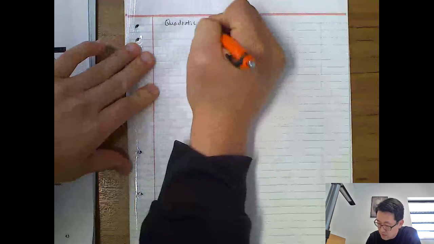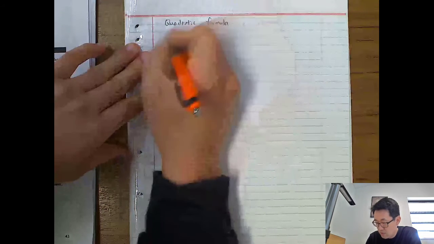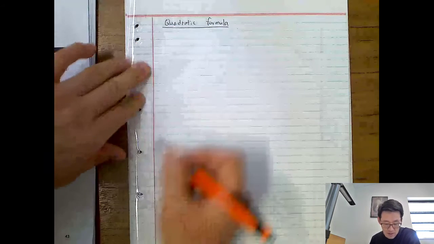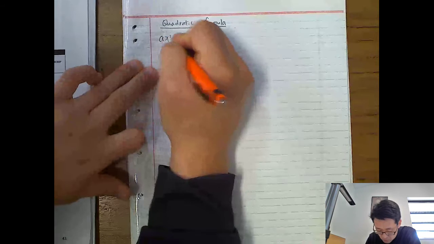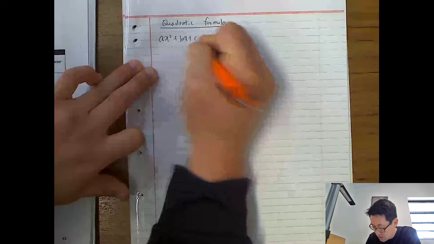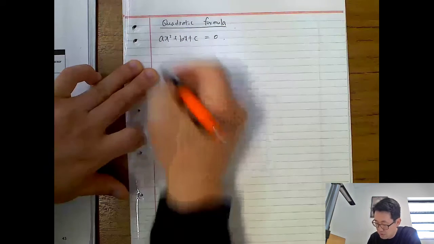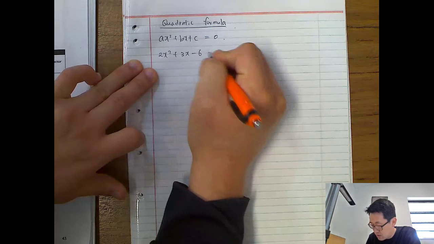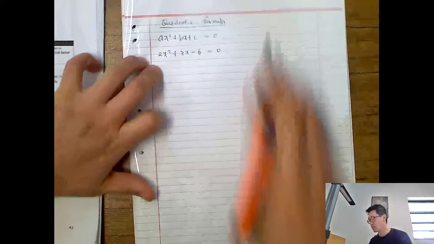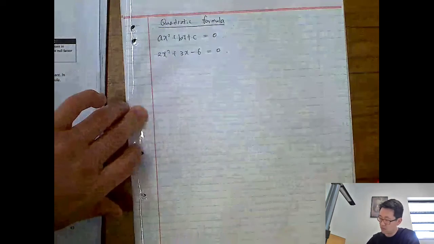Quadratic formula. Can you copy that? We can start with the basic form ax squared plus bx plus c equals 0. For example, 2x squared plus 3x minus 6 equals 0. We need to make this form, the basic form.